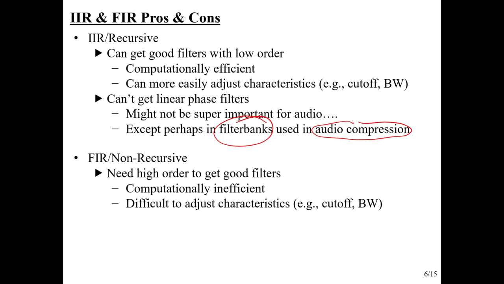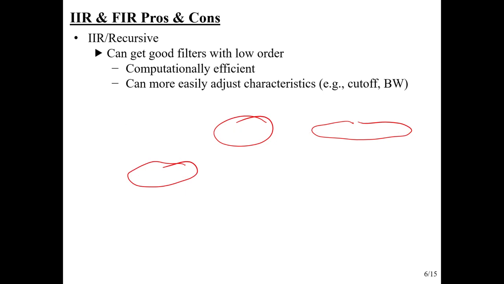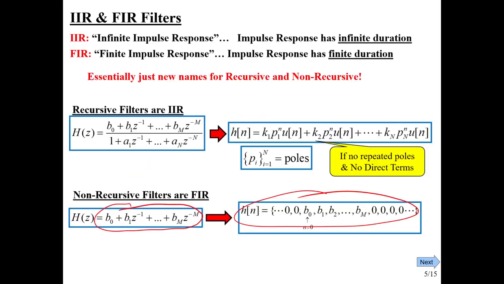Let's look at FIR filters. If we want to get close to an ideal filter, we're going to need a very high order. That means a very large number of coefficients here. The order is B0 versus BM, the distance between the indices. So this would be an nth order non-recursive filter.